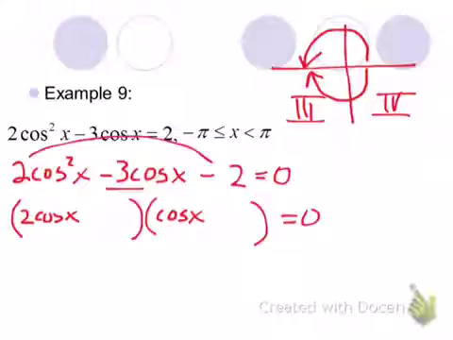So I'll need negative 4 and positive 1 for my factors. So to get to negative 4 cosine x, I put the negative 2 over here, and then positive 1 from there. Then that does give me 1 times negative 2 is negative 2. So that's the correct factorization of that trig expression.